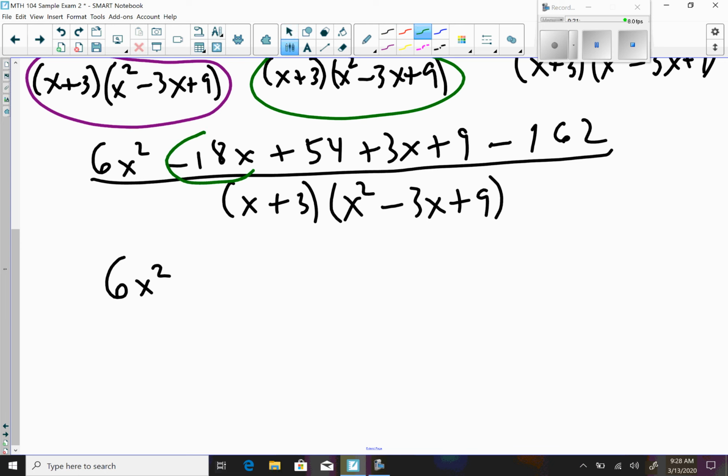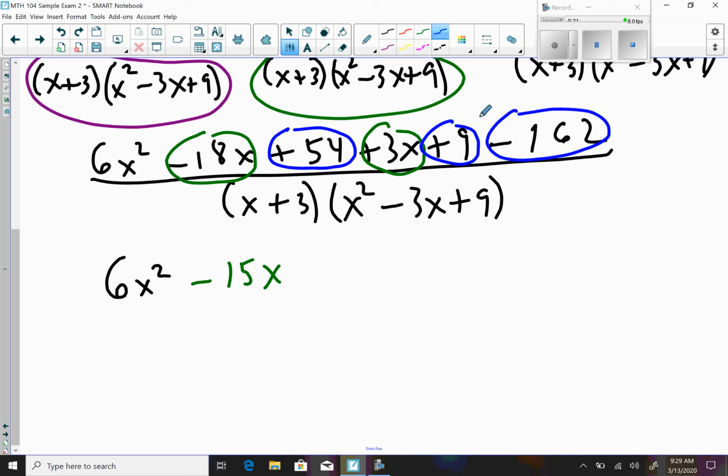Negative 18x and 3x is negative 15x. And 54 plus 9 is 63. And 63 minus 162 is negative 99. And it's all over the common denominator.